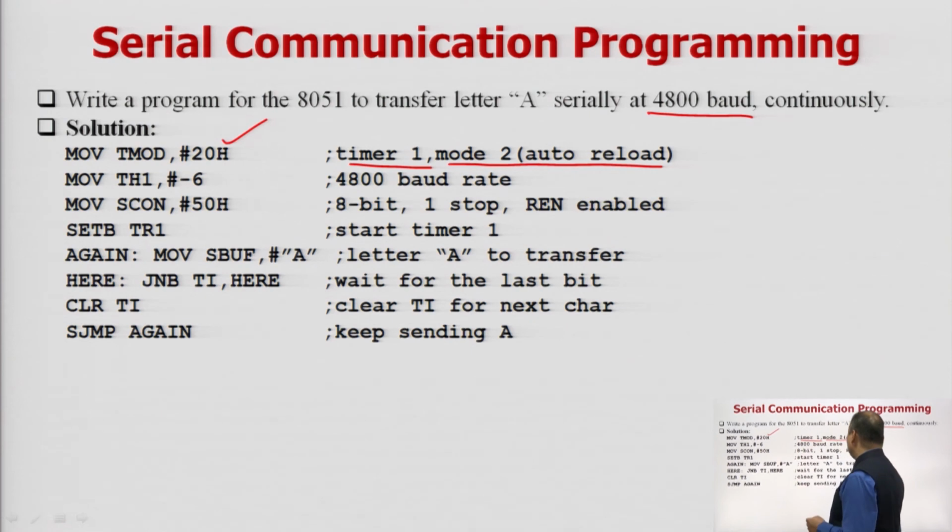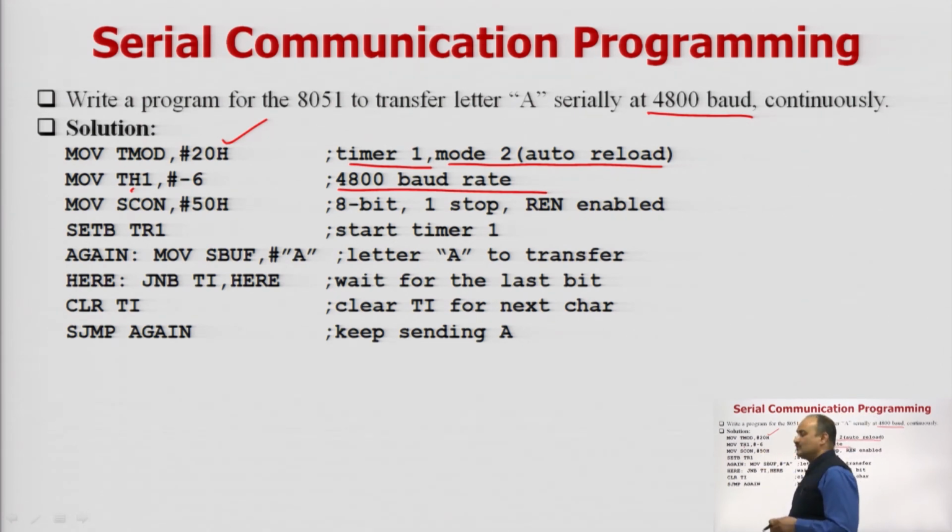Since it is 8-bit auto-reload mode, we configure the TH1 register with the value -6, which is for the 4800 baud rate. With the help of this value, we select the baud rate for the serial communication, which is 4800.